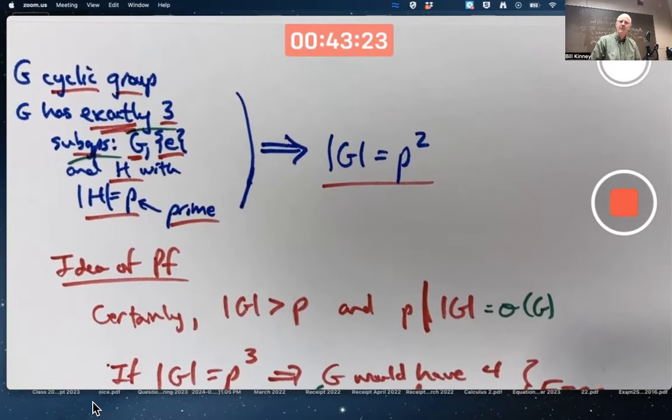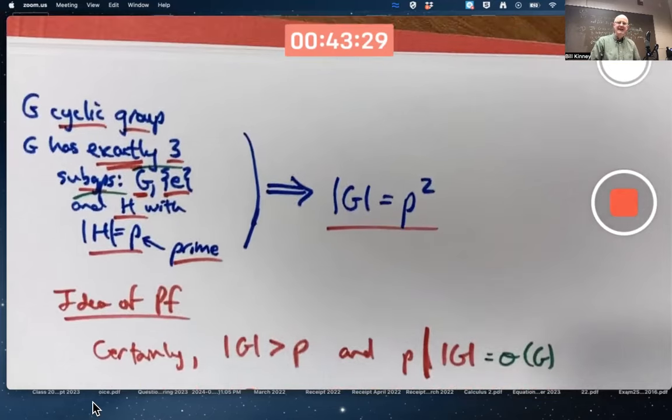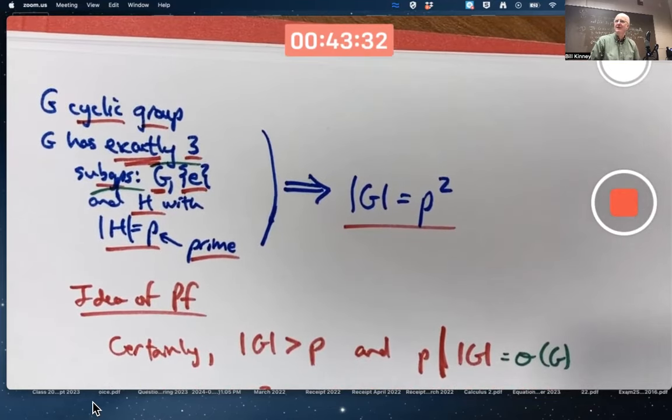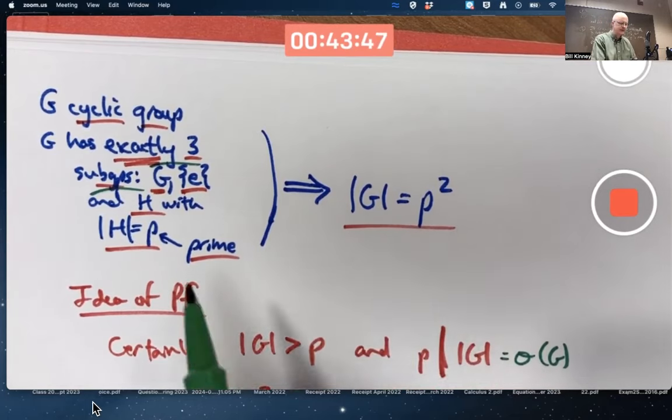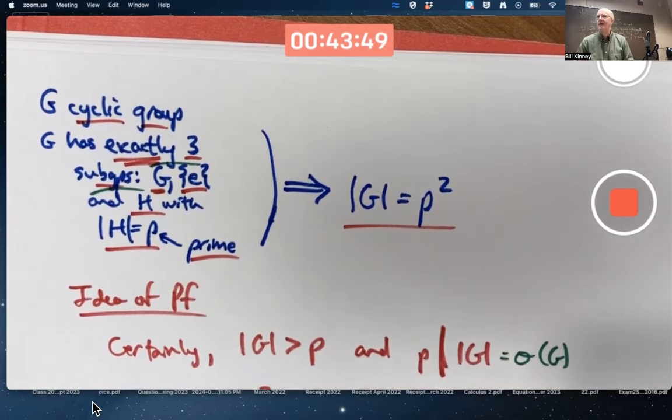I could see this kind of problem coming up on the test, not as a proof, but as maybe a calculation type of question, or a true-false type of question, or a fill-in-the-blank kind of question. Something like, if you've got a cyclic group G of order P squared, how many, or sort of turn it around, if G was cyclic with order P squared, how many subgroups would it have?